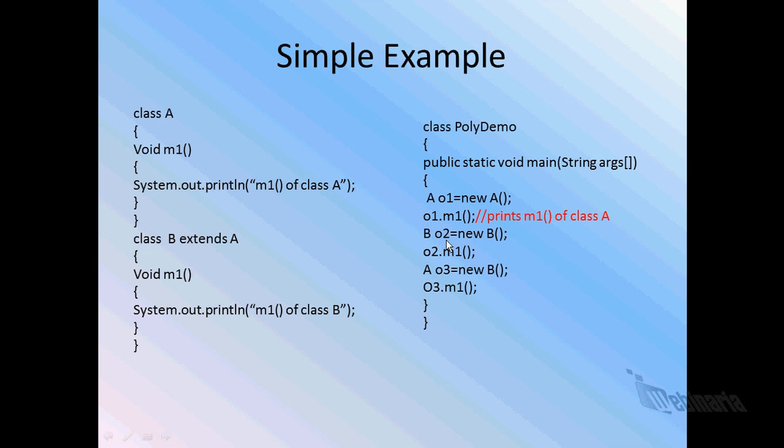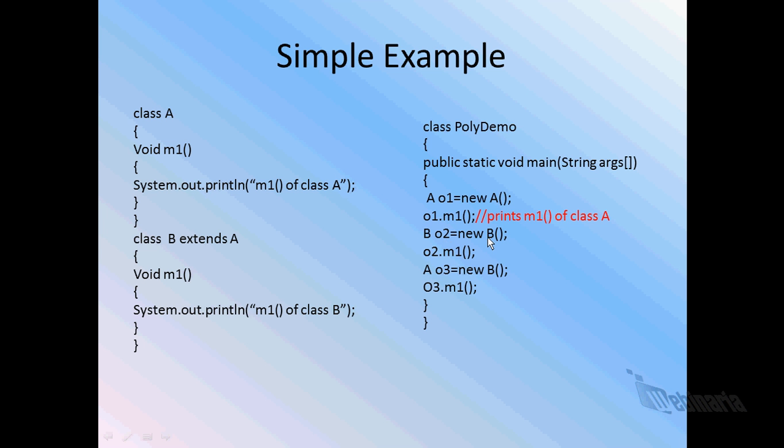Next, coming to o2, the o2 is of which reference type? The reference o2 is of type B. Hence, the compiler is going to see the m1 method of class B, because the reference type of o2 is class B. But when the JVM executes the program, at runtime, the object of which type is assigned to o2?